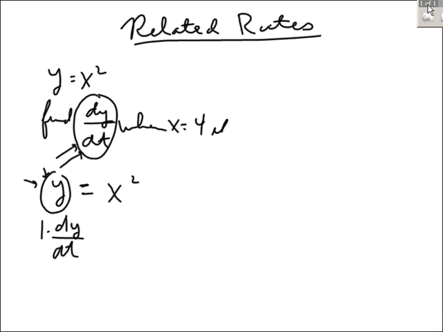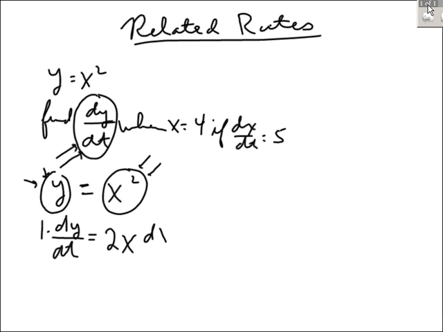I guess we need one more thing: if dx/dt is, say, 5. The derivative of the right-hand side, the derivative of x squared, is 2x, times dx/dt, since x squared is in terms of x and we're finding the derivative with respect to t. 1 times dy/dt is dy/dt.